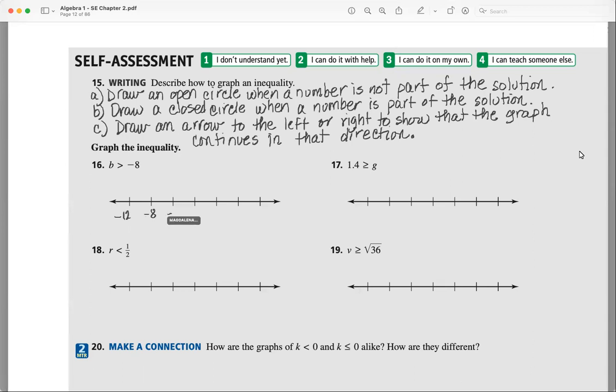I went by fours. I started at -12. I know that it was any number greater than -8, so I know that I was going to the right. It is an open circle. And then I'm going to shade, since any number greater than -8 would have to be to the right.